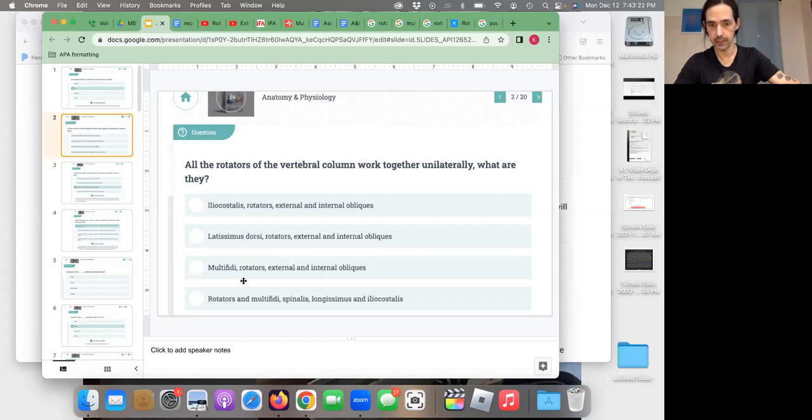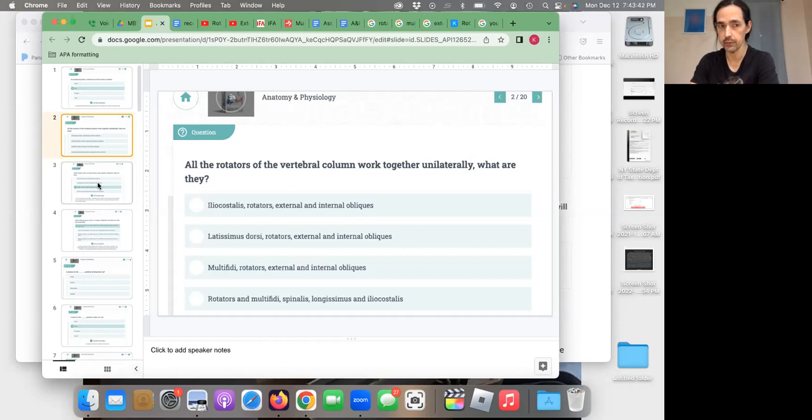Rotators and multifidi, spinalis, longissimus, and iliocostalis. Okay, I'm going to tell you and then show you a couple short video clips so you can see movement. But the answer is multifidi, rotatores, external and internal obliques.